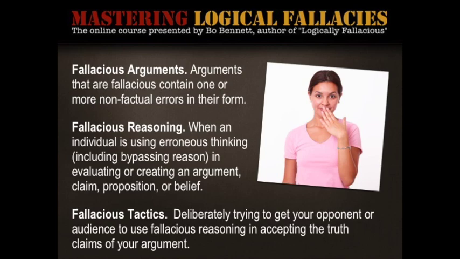If we break that formula, going from all A's are B, C is an A, therefore C is a B, and we say all men are mortal, Socrates is a man, but Socrates doesn't have to be mortal, well, then we committed a formal deductive logical fallacy.